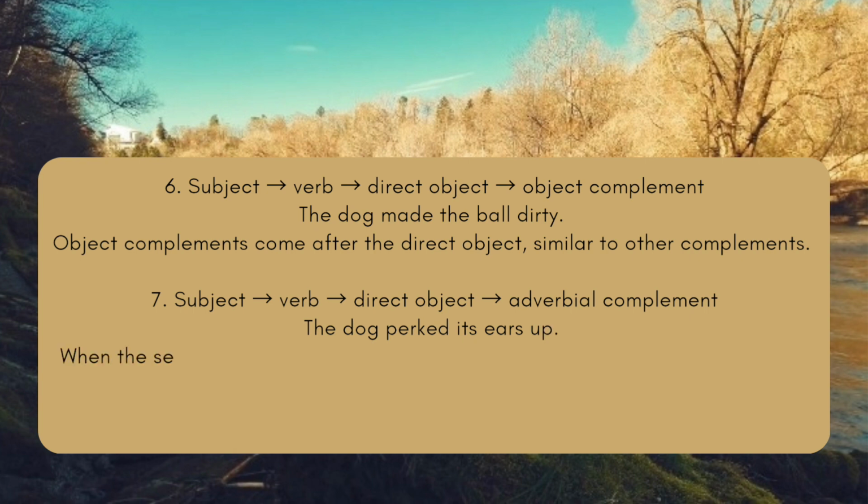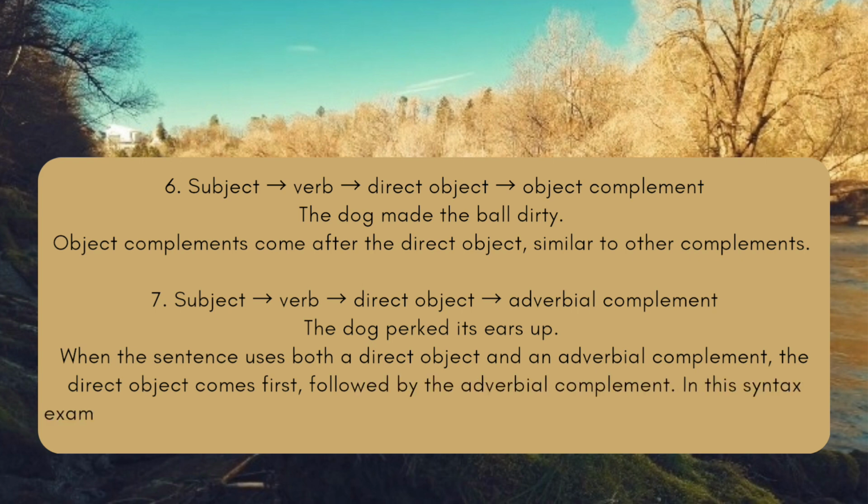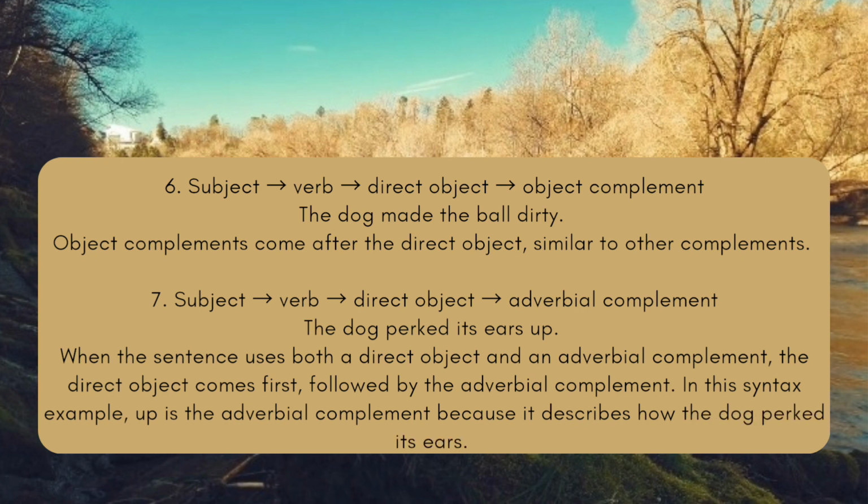When the sentence uses both a direct object and an adverbial complement, the direct object comes first, followed by the adverbial complement. In the syntax example, "up" is the adverbial complement because it describes how the dog barked earlier.